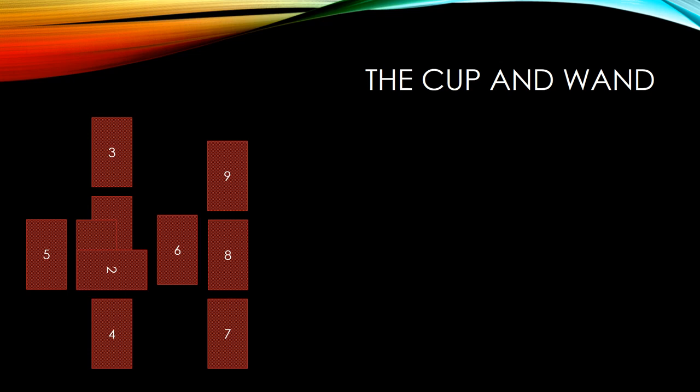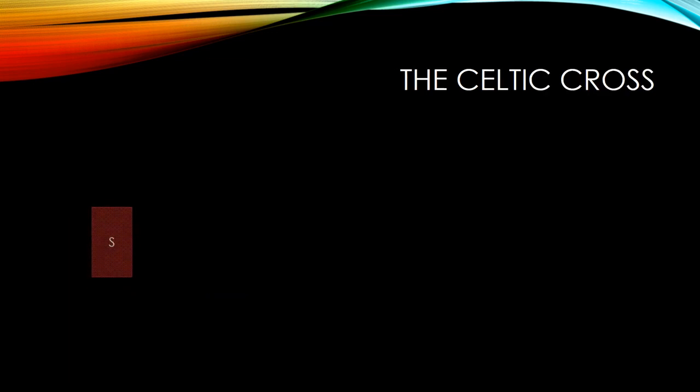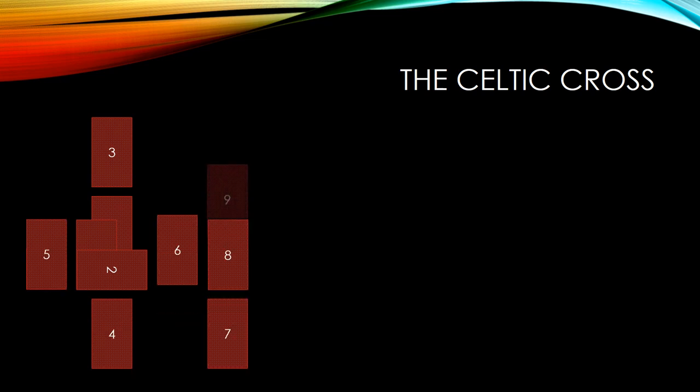It's what the person receiving the reading is afraid of or hopeful for in this situation, what they want the outcome to be. And then, of course, card number 10, the last card in this reading, is the potential outcome. And we already talked about the Celtic Cross. It's the same thing.